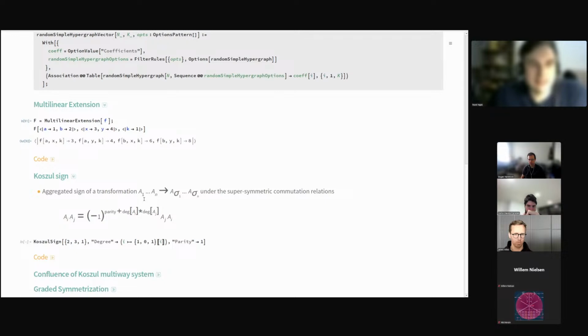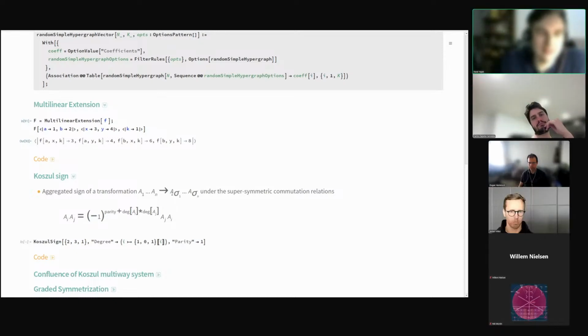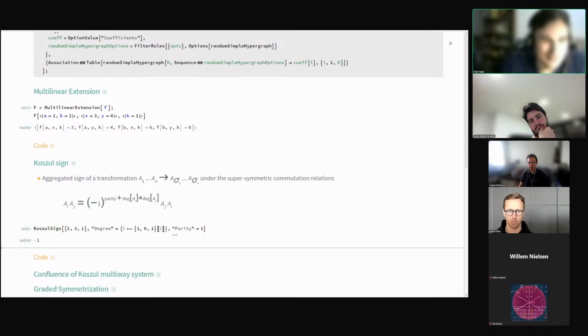And causal sign is, if you are given a permutation of these symbols, basically you choose some way to sort them from the permutation to the order 1 to n, and you aggregate the sign. You collect the sign from every transposition. So that's causal sign, and for the permutation 2, 3, 1 of elements with degrees 1, 0, 1, if I take parity 1, then you obtain -1. Why do you obtain -1?